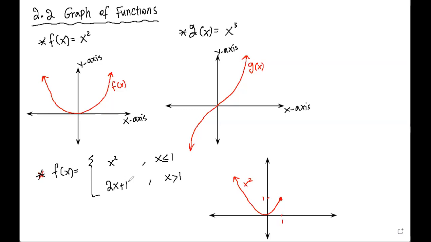And the function 2x plus 1 is a line. So the graph starts from x greater than 1. At 1, it gives me 3, but 1 is not in the domain for this function, like I said last time. So it's going to be an open circle here. And this function here is 2x plus 1. Okay. So this is the 2x plus 1. This is x squared.